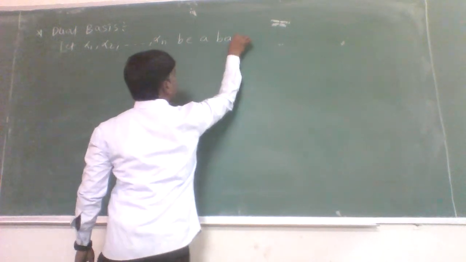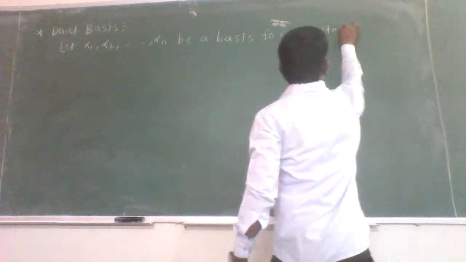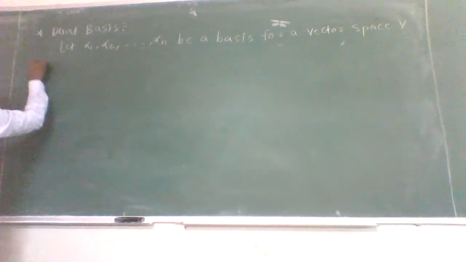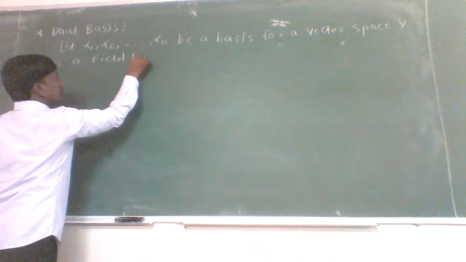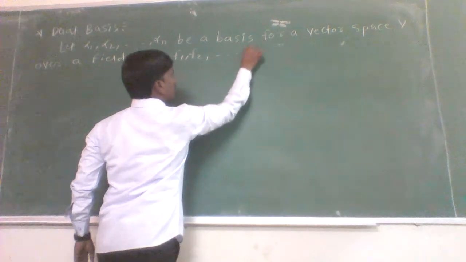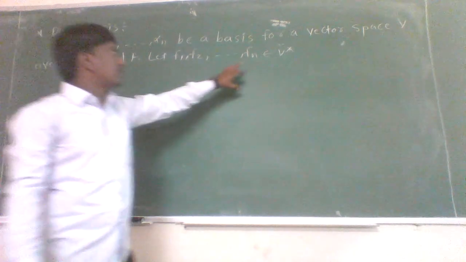Now let alpha 1, alpha 2, up to alpha n be a basis for a vector space V over a field F. Now let f1, f2, up to fn belonging to V star, as these are the members of V star, and V star is nothing but the collection of linear functionals.